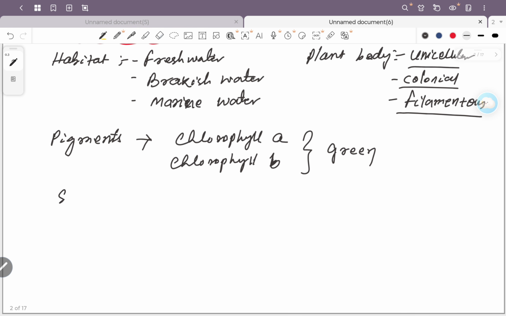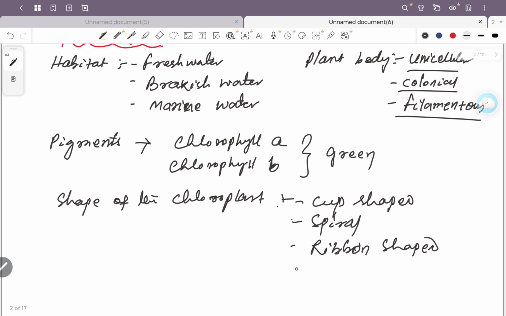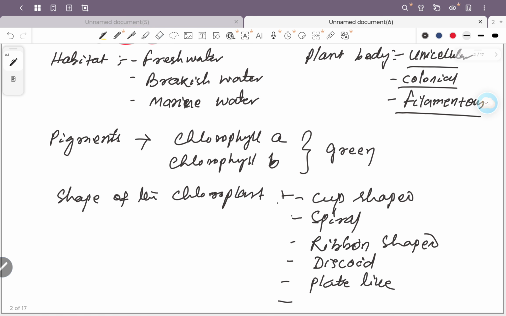The shape of the chloroplast may be cup shaped, spiral, ribbon shaped, discoid, means disc shaped, or plate like, or it may be reticulate, like a branched network.